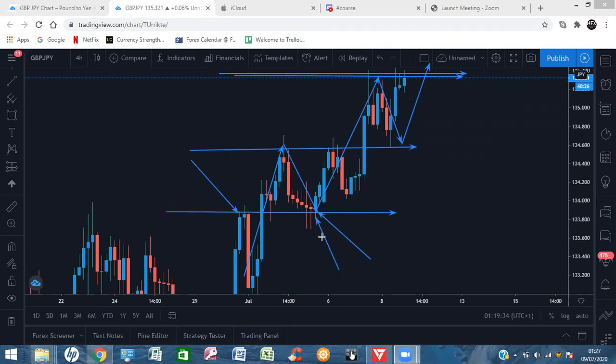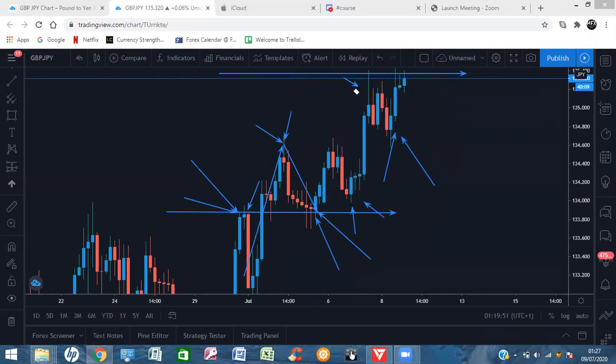See how we're talking about a higher low, and then a higher high, higher high, and then higher high. Cool. That's how you can understand a bit of market structure.